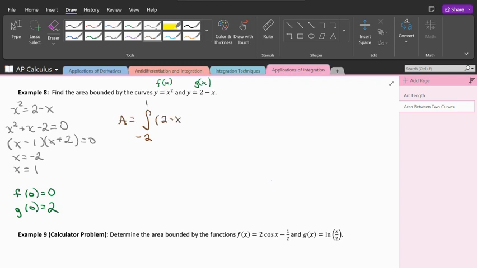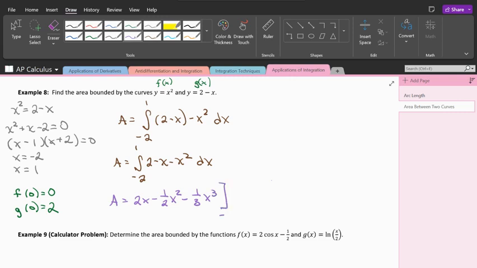G of x is 2 minus x squared dx. Negative 2 to 1, and this becomes just 2 minus x squared. And so our area is going to be 2x minus 1/2 x squared minus 1/3 x cubed, evaluated from negative 2 to 1.